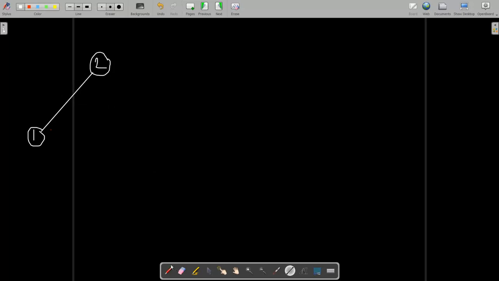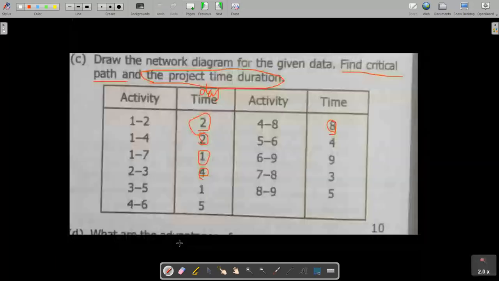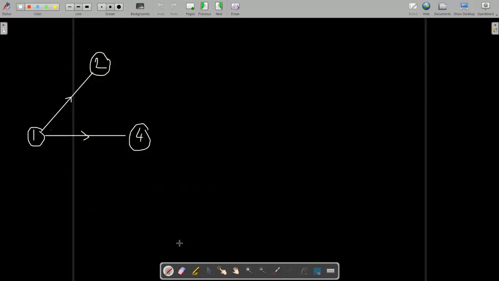From point 1 there is another activity, 1 to 4. Draw the arrow in the direction of the activity. Then 1 to 7, so again draw a line and show the direction of 1 to 7.